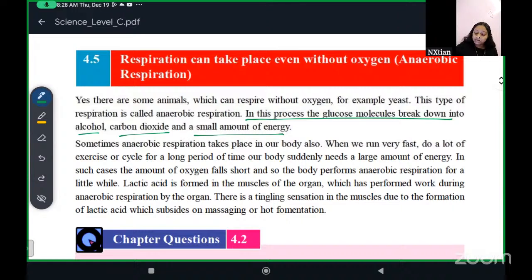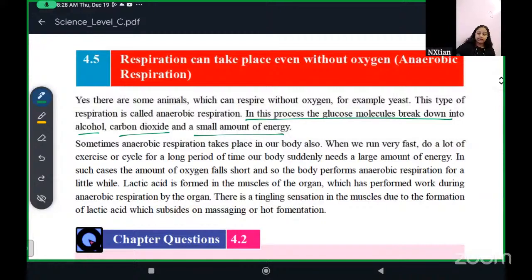Sometimes this anaerobic respiration also takes place inside our body. When we run very fast, do a lot of exercise, or cycle, our body suddenly needs a large amount of energy. In such cases, when the amount of oxygen falls short, the body performs anaerobic respiration for a little while.